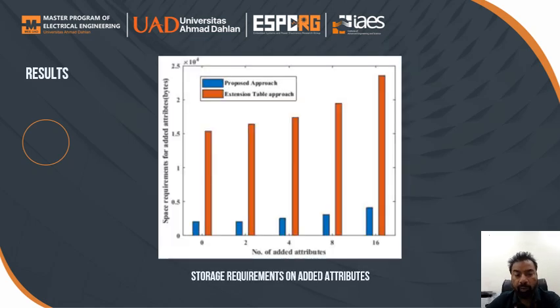Further, if we look at the storage requirements, here we gain in a very heavy way. In the proposed approach, the storage requirement again does not increase exponentially with the number of added attributes, whereas in the extension table approach, the storage requirements increase radically.